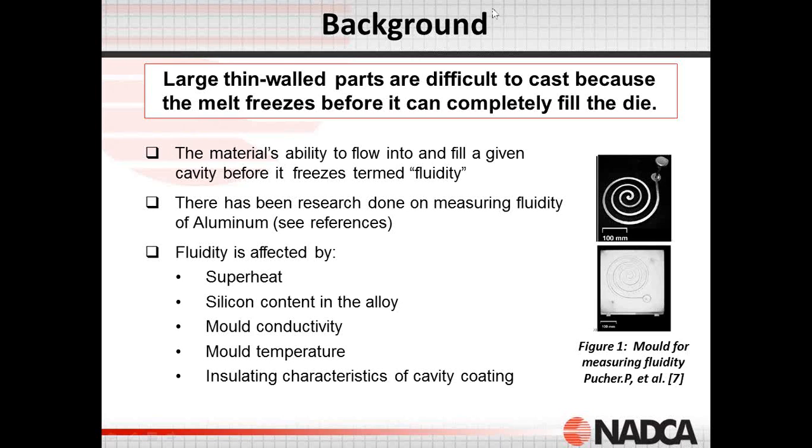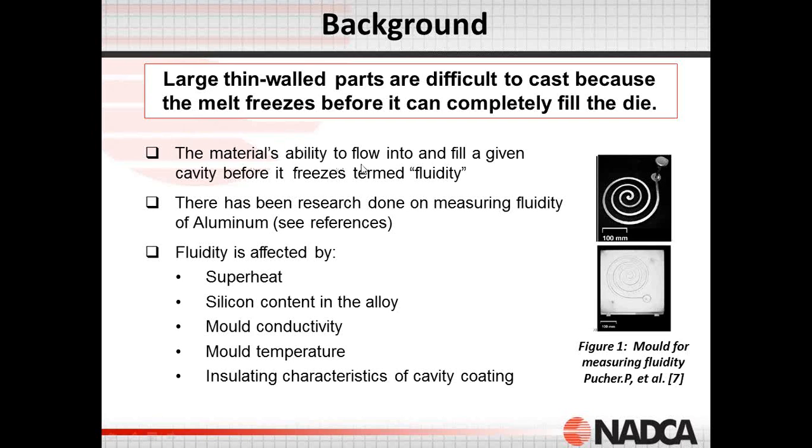Background on this subject. The reason why there's so much interest and papers published on the feasibility of casting very thin parts, especially in high pressure die casting, is that these large thin wall parts are difficult to cast because the material freezes before it completely fills the die.